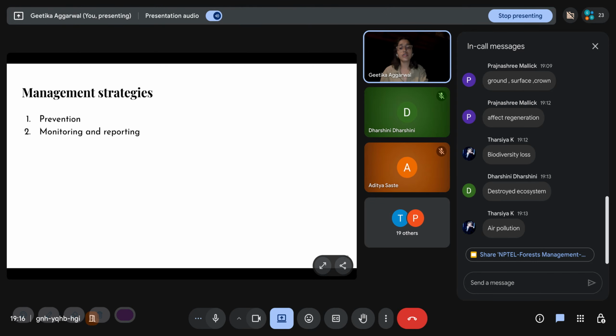Monitoring and reporting: the forest department should come up with ways so that they're able to always keep a check on the forests, and as soon as a forest fire happens, they're able to detect it as soon as possible and report it to the higher-ups or the concerned authority so that they can take action. They can start firefighting. There should be some ways in which they're able to handle the fire better, and they're more equipped to take control of these forest fires.